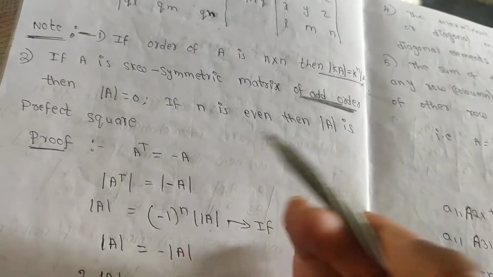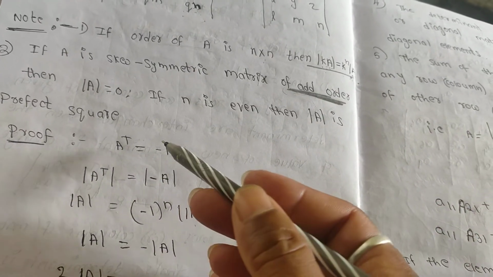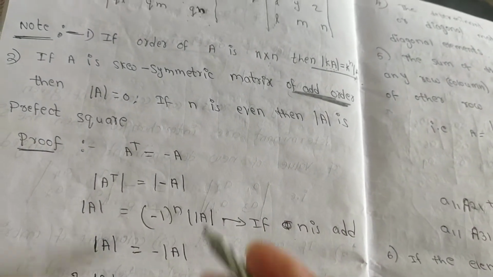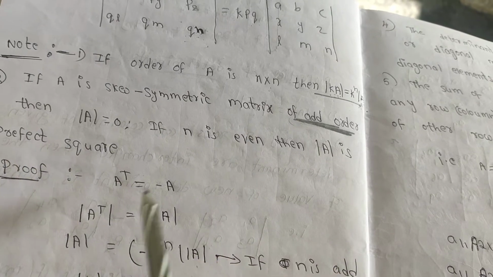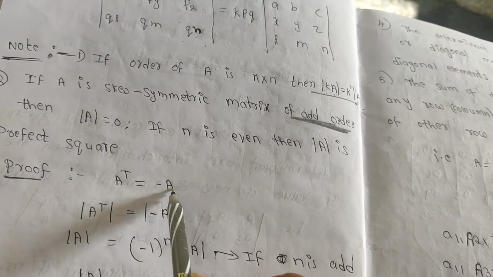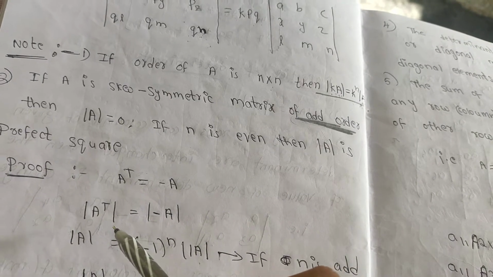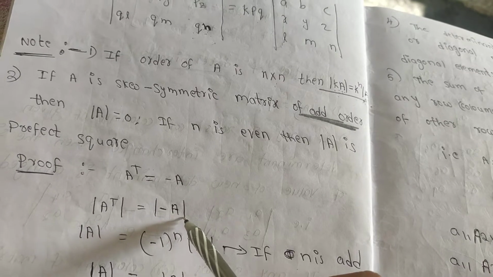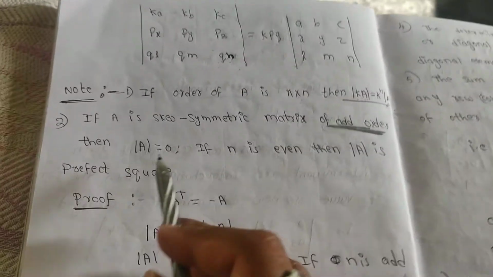Proof. Actually by taking one example you can understand, and procedure wise I will explain here. Suppose A is a skew symmetric matrix, meaning A transpose is equal to minus A. Very clear. If you want to find the determinant of A transpose, you can write determinant of minus A. Now go for det A, because A is the skew symmetric matrix.